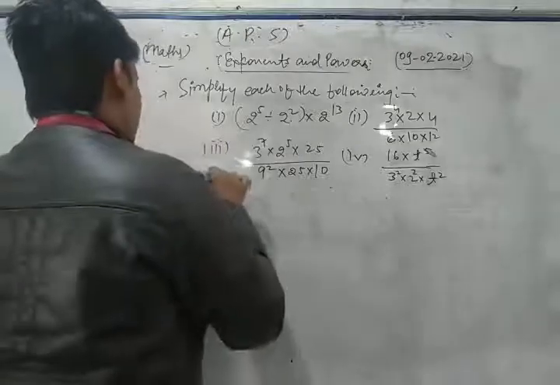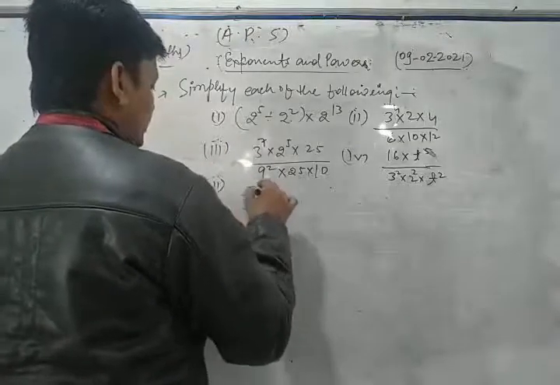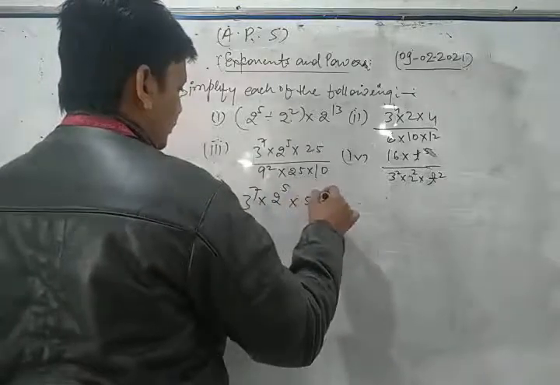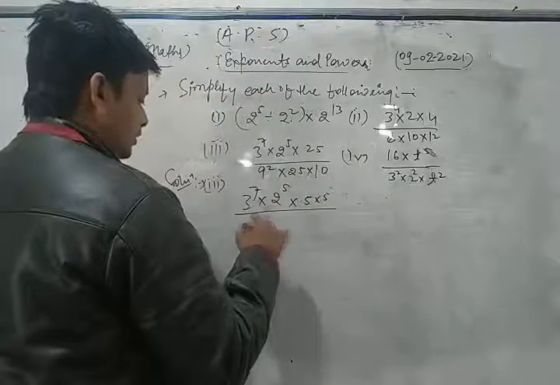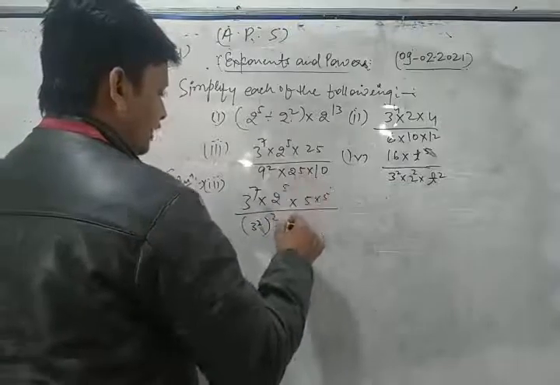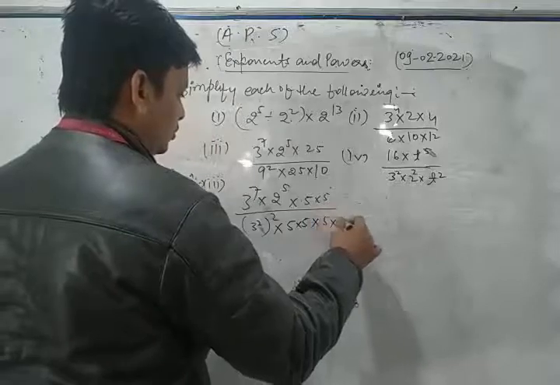Now we take the third part of this question, which is 3 power 7, and 2 power 5, write as it is. Now we write 25 as 5 into 5, upon we write 9 as 3 into 3, means 3 power 2 whole power 2, write as it is. 25 we write 5 into 5, into 10 is 5 into 2.